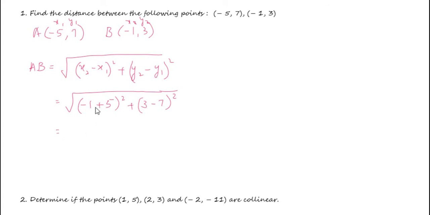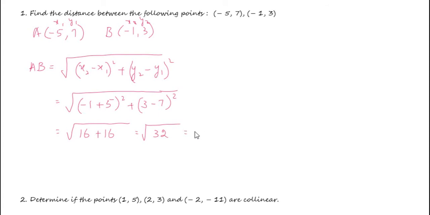This is minus 1 and plus 5, so it is plus 4 whole square, it is 16. So this is 16 plus 3 minus 7, that is also 4 square, it is 16, 32.